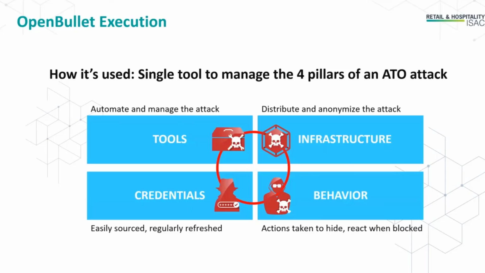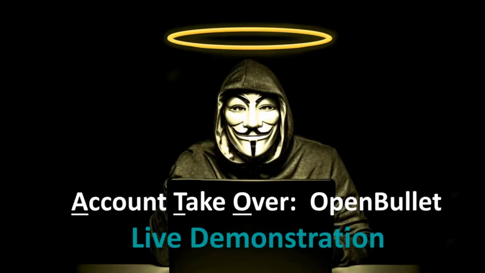That is a totally different fingerprint than Chrome 82, Chrome 83, even Chromium is completely different, or Safari, or Internet Explorer. They all have a different type of behavior, and they use this stuff because they want to rotate through as much as they can so they don't get caught. And that's really where OpenBullet steps in.